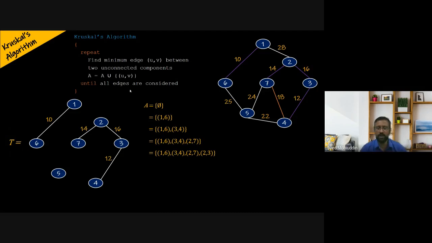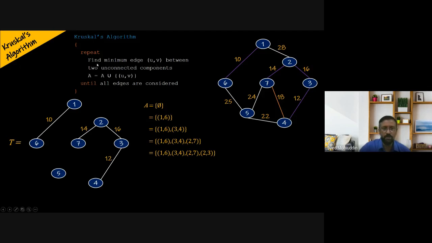If u and v are in the same component... here 1 and 6 is one component, 7, 2, 3, 4 is another component, and 5 is another component. So at this stage there are three components. And if u and v are in the same component, we cannot select that edge.